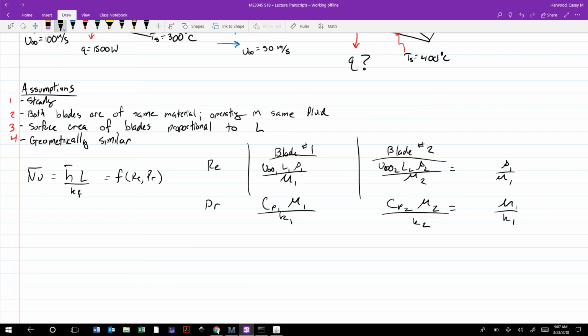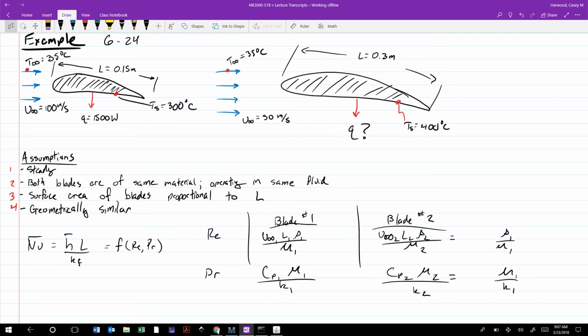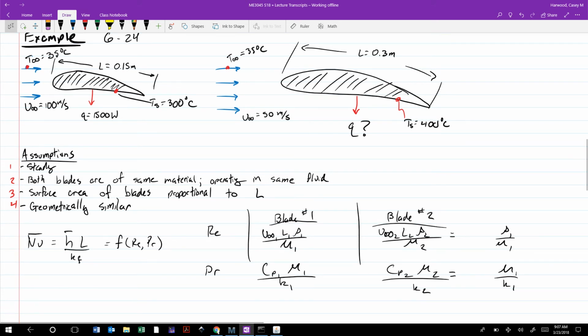For blade number 2, we said that U infinity, scroll up, is half of the case of blade number 1, and that the length is double. So we end up with U infinity 1 over 2 times 2L1. And those 1 over 2 and that times 2 cancel out.